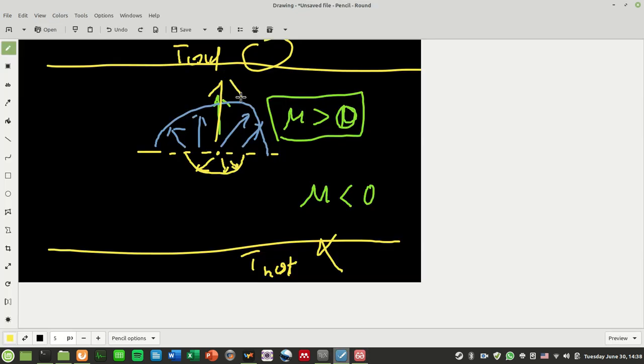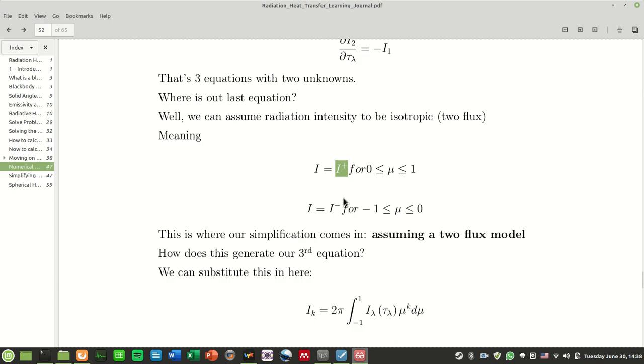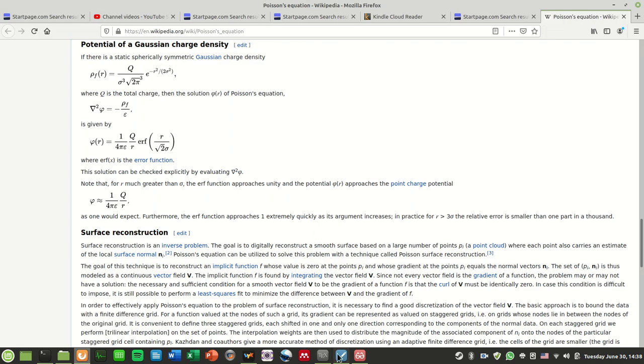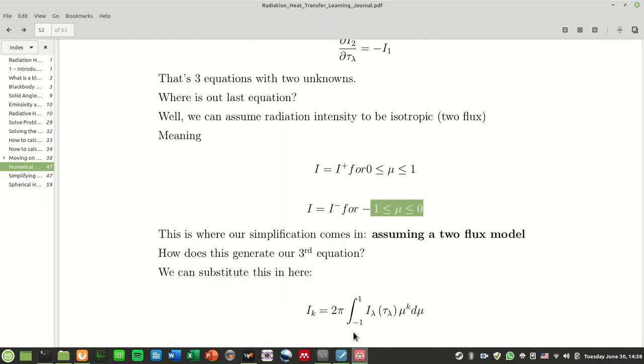And in the other direction, if mu is going backwards towards the origin, then if this is your starting point and you're going this way, that's a negative. So we call it the I minus here.